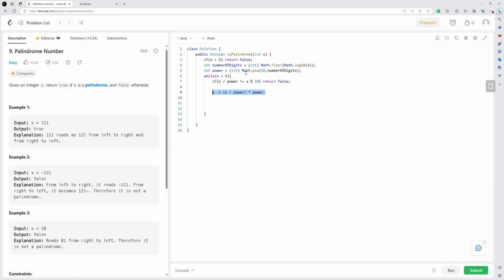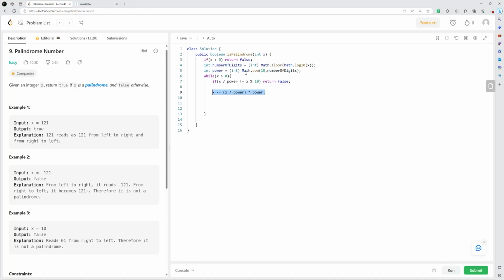In case it is, we just have to continue, but to do that, we have to remove the first and the last digit. To remove the first digit, we will just use the power and subtract whatever we get by dividing the current number by power and then multiplying back by the power to get the same digit number, but it will be just the first digit and the rest will be 0.